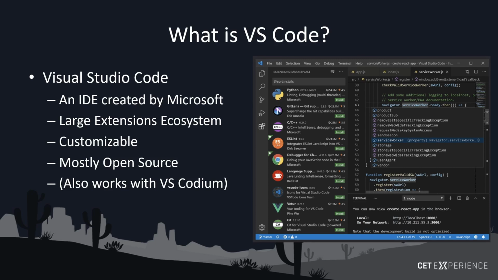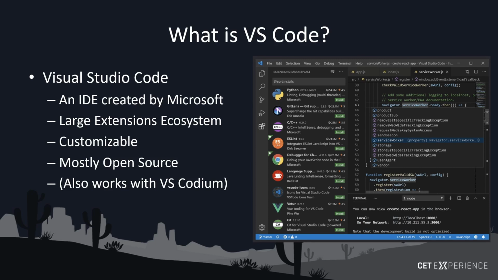Visual Studio Code is an IDE created by Microsoft. It has a giant extension ecosystem that allows extreme customization of the tool, language support, things like that. You can really make it look and behave how you want for the most part.